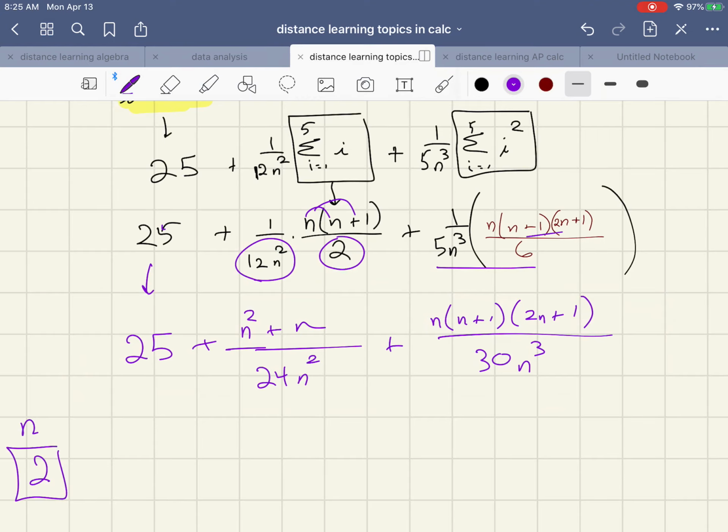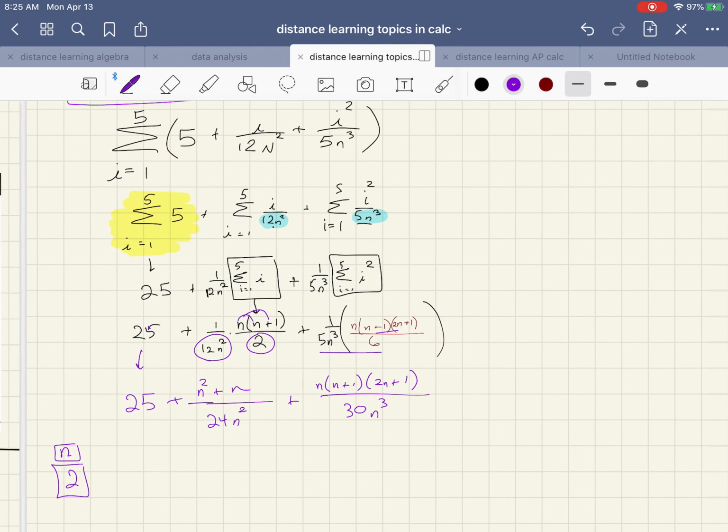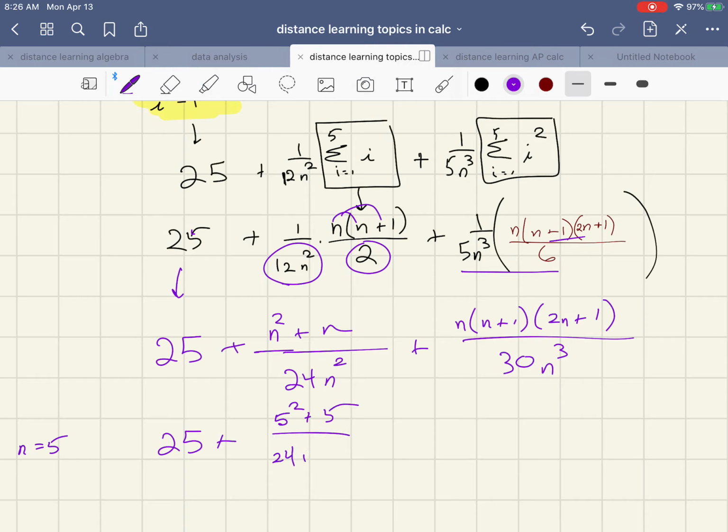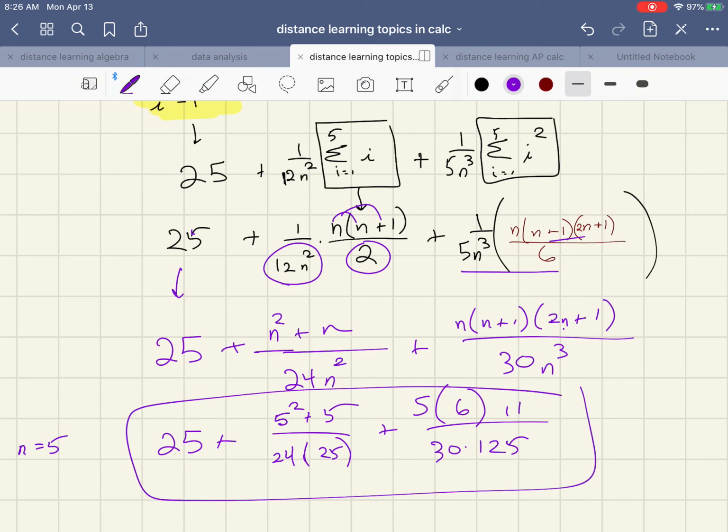So we could now plug in, let's say, 2. 2 is a reasonable one, right? So if I plugged in n equals 2, oh shoot, I used 5. Let's use 5. So if n were 5, now I'm going to plug in 5. 5 squared plus 5, 24 times 5 squared, plus 5 times 6 times 11 over 30 times 125.